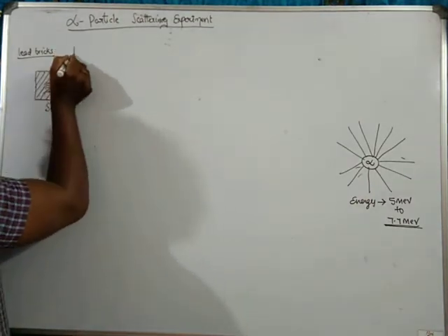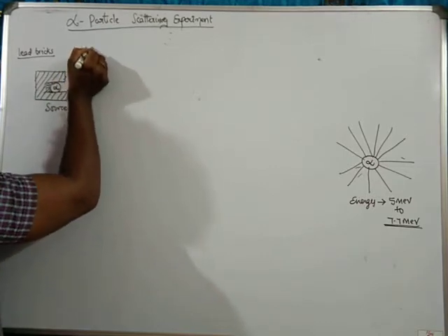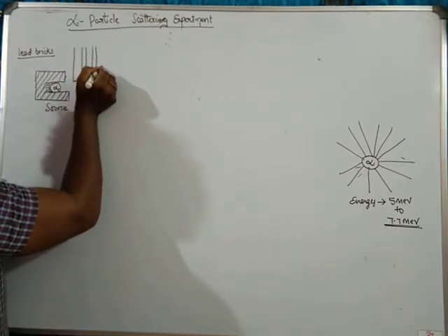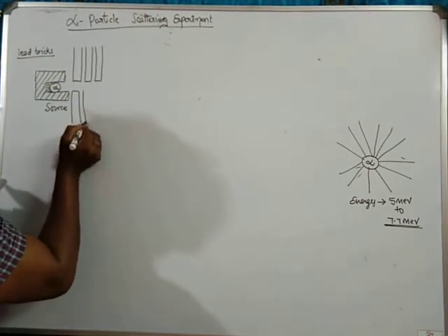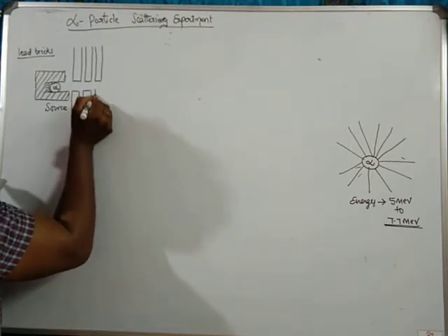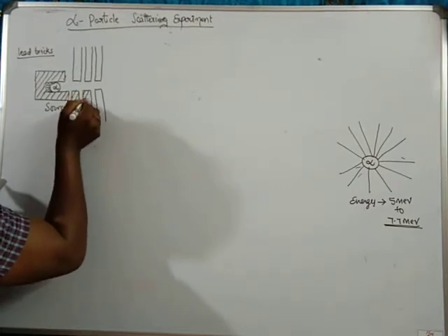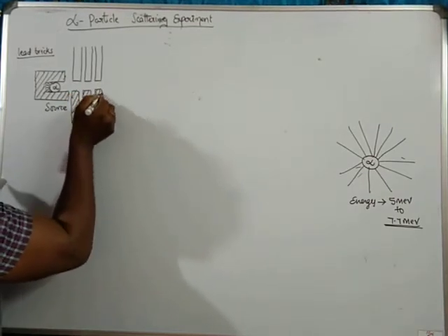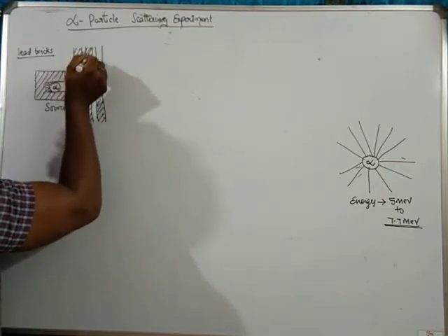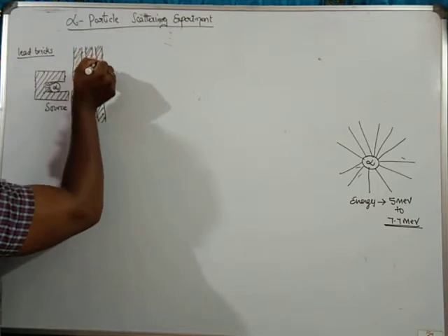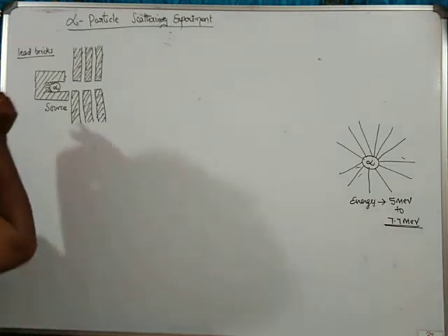And we are considering some more lead bricks to make all alpha particles collimate in a thin, single beam. So we are considering some more lead bricks here. What is the work of the lead bricks?